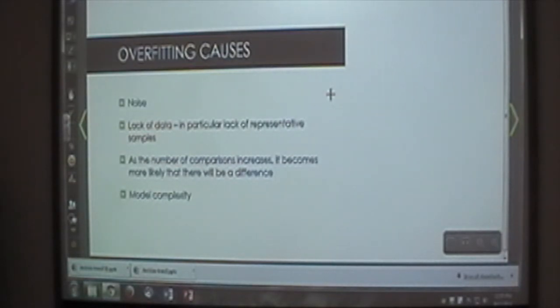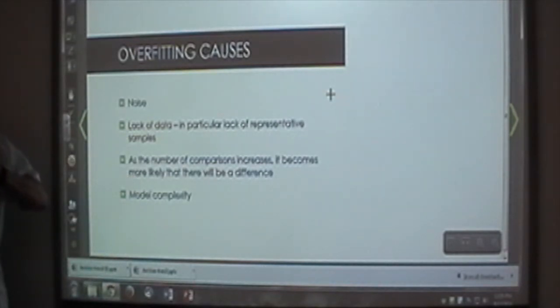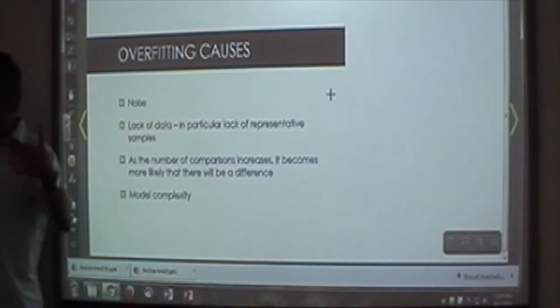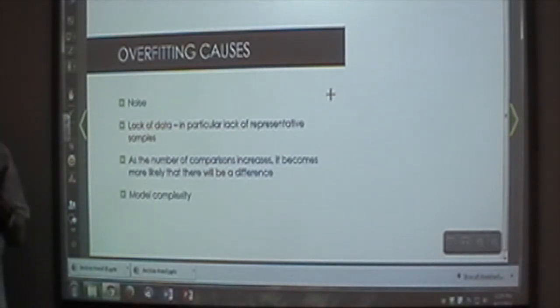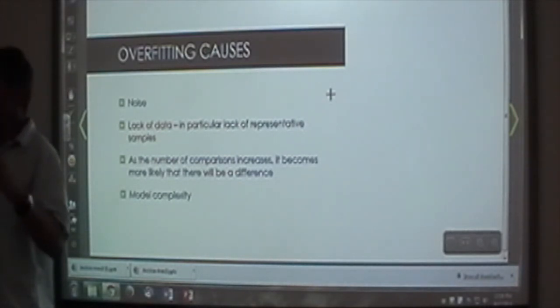Multiple comparison problem. And basically it's a problem in probability. It's your infinite number of monkeys. If they type long enough, you'll get the works of Shakespeare. Example, right? You don't need an infinite number, but if you get a huge number, eventually, chances are you're going to see something, whether it's valid or not.